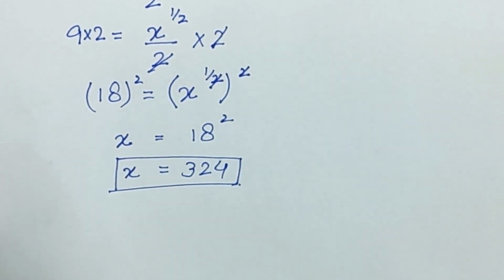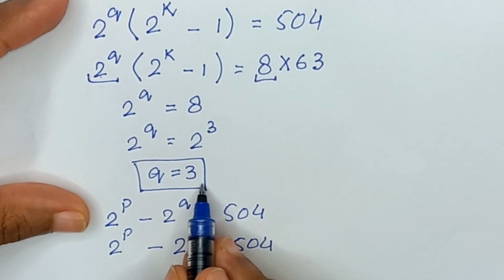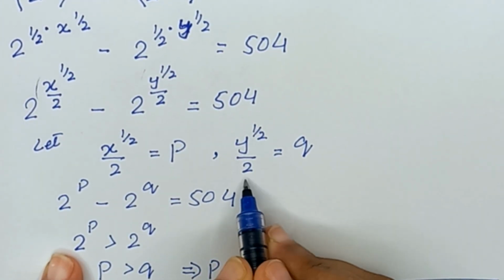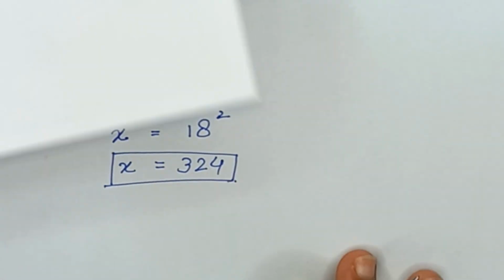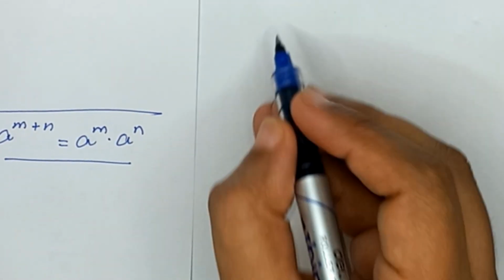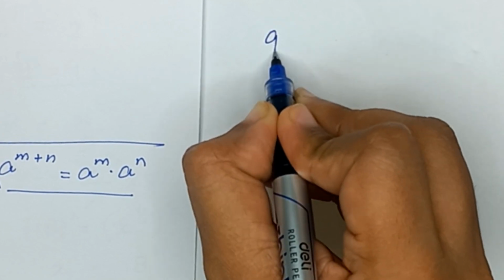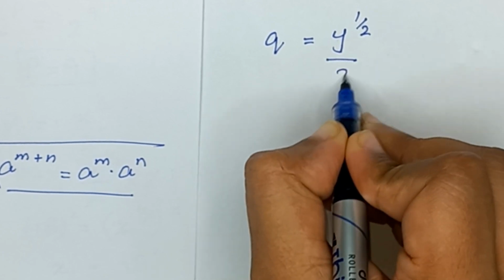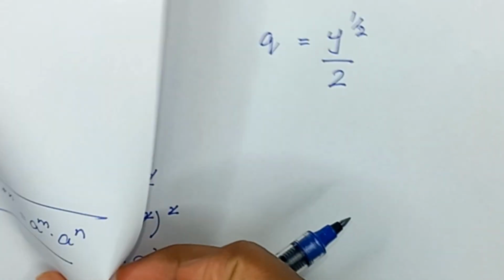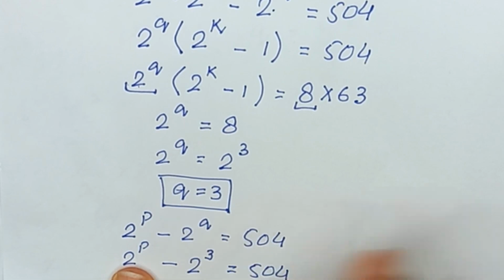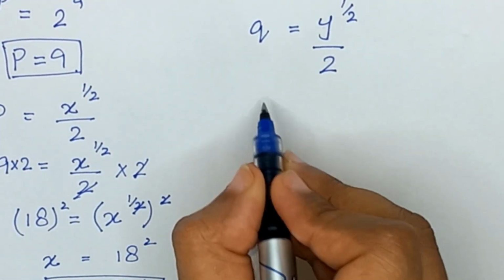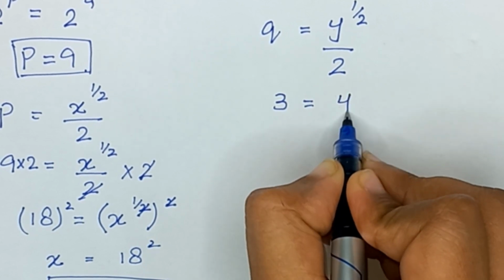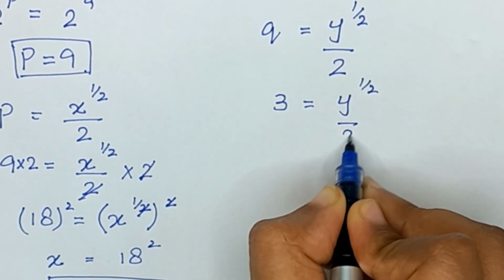Now here we have q is equal to 3, but q is equal to y raised to the power 1 divided by 2. So 3 is equal to y raised to the power 1 divided by 2.